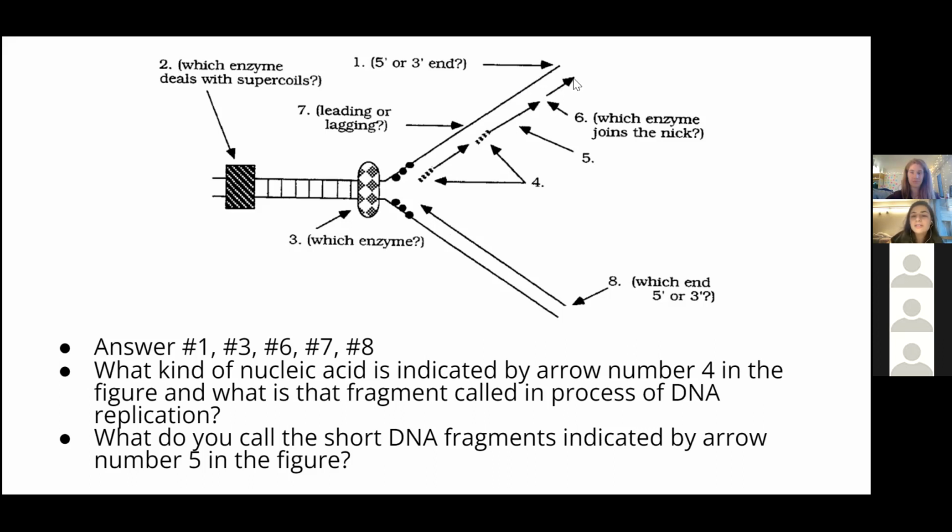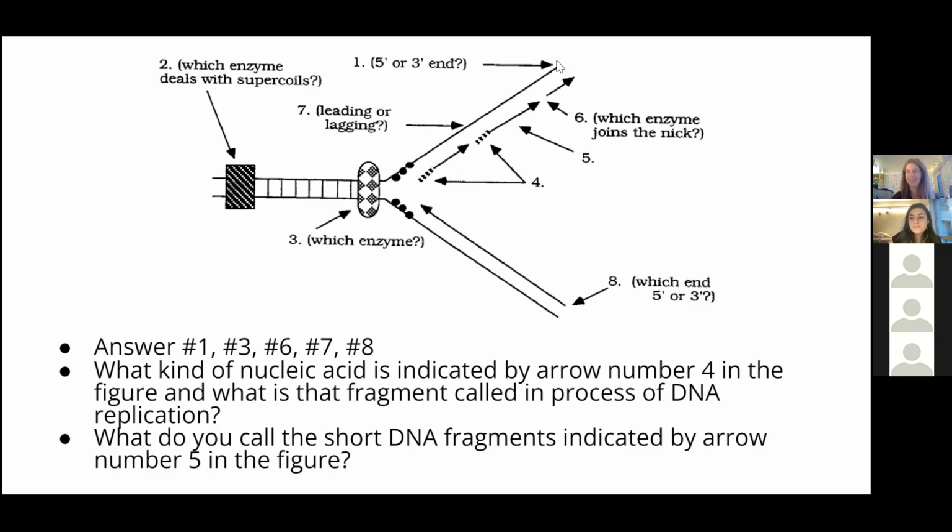So at the bottom of the arrow it's 5', at the top of the arrow it's 3'. And since the top of the arrow is 3', then you know that the end of that parental strand over there is going to be the 5' end. Does that make sense?